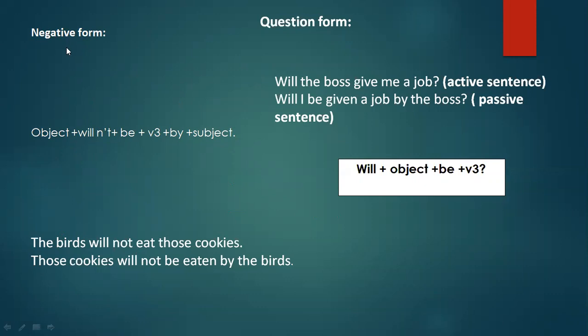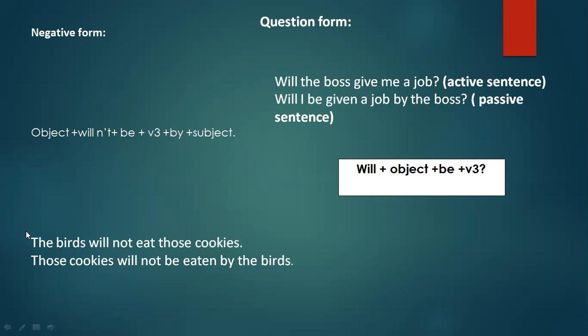As you know, grade 6, the negative form is the negation sentence, so as I made the active sentence negative, I want to keep the passive negative too. The only thing I will change is to put not after will, and it becomes will not. Then I put be, then verb 3, then by and the subject, which is optional.